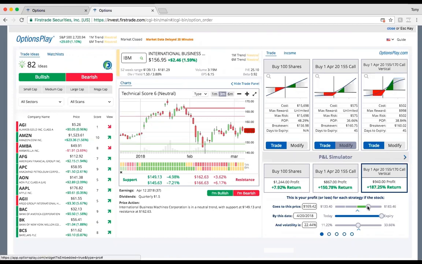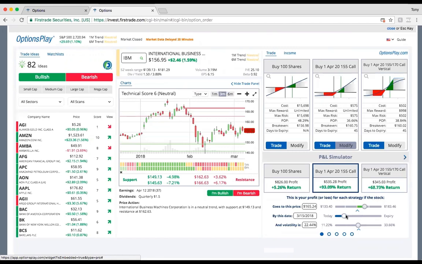Instead of thinking about delta, meaning how much money I'm going to make if the stock moves up, you simply use the price slider, tell me where you think the stock's going to go, and we will calculate the return or price of the option based on your delta. Theta, which is time decay, you can use this time slider, and it will show you how the value of your option changes with respect to time.